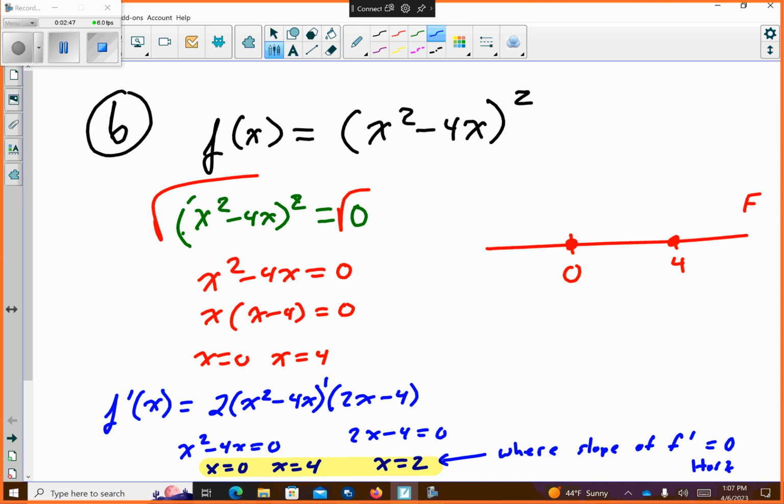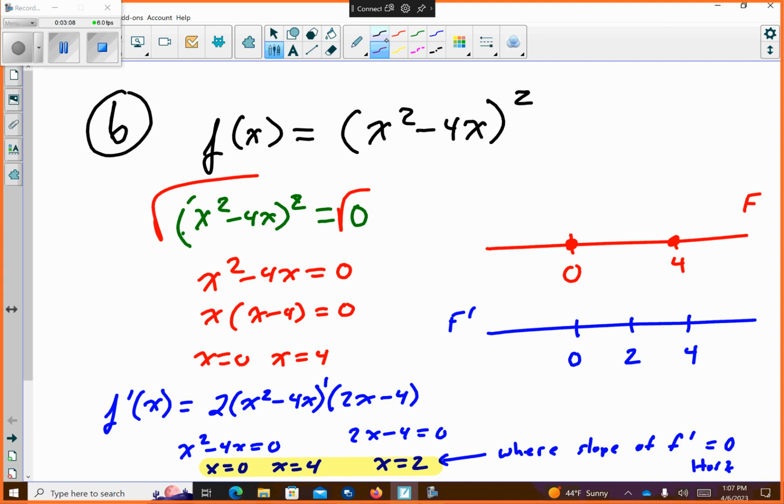All right, so let's draw our F prime chart. I have 0, 2, and 4. All right, so let's figure out where this equation itself is increasing or decreasing.